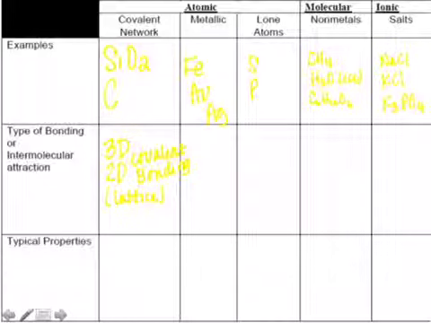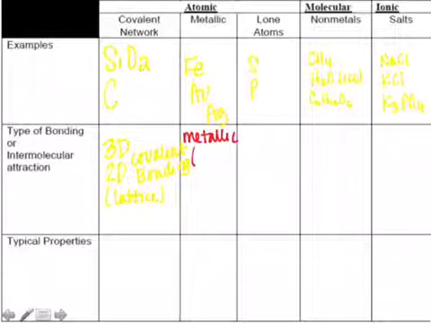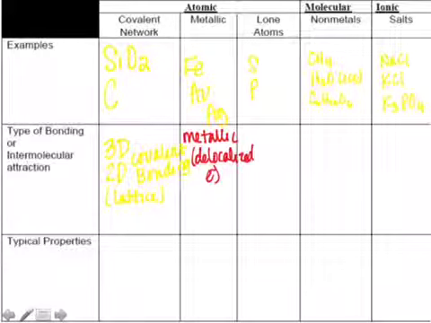What about metallic? What type of bonding do we have in metallic? Metallic, which gives us what so special in there? Delocalized electrons. Lone atoms, what kind of forces do we have in those?